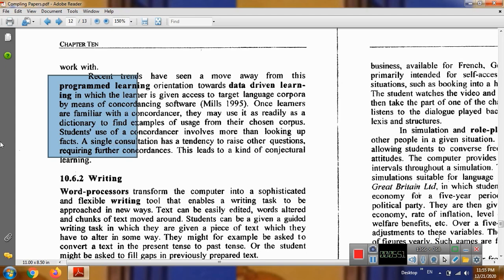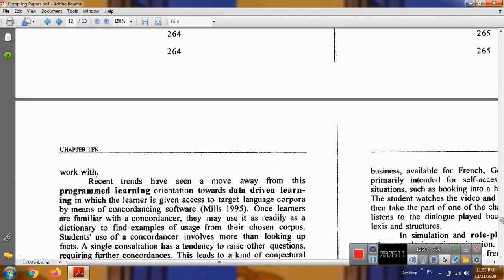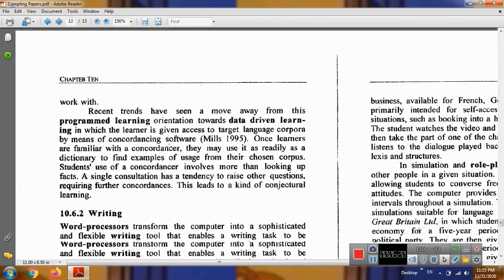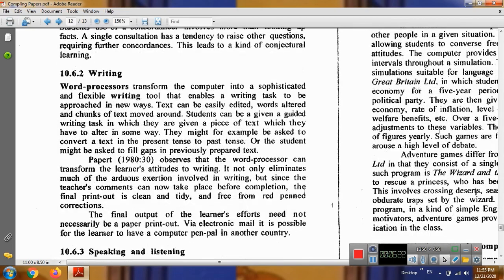A student's use of a concordancer involves more than looking up facts. A single consultation has a tendency to raise other questions, requiring further concordances. This leads to a kind of conjectural learning. Here we see the grammar and vocabulary in dictionaries.